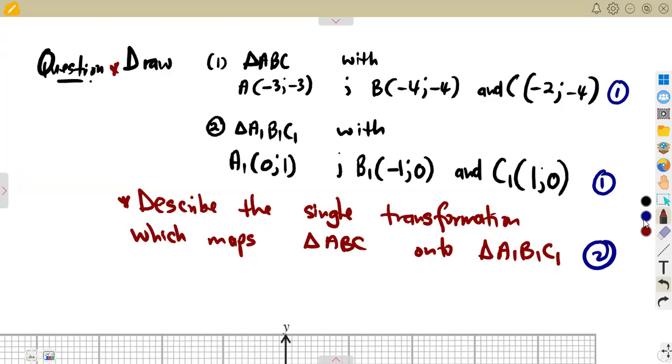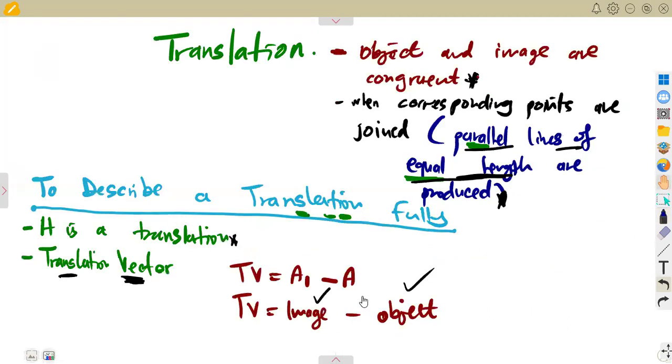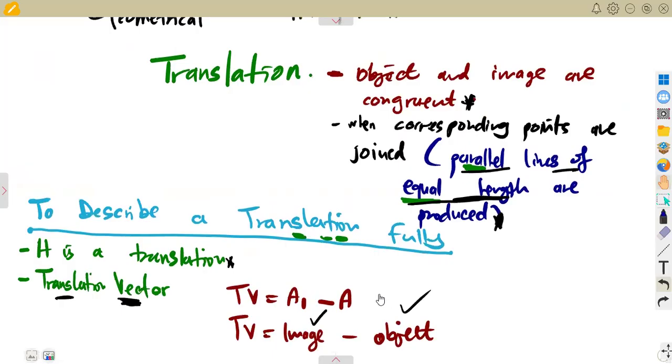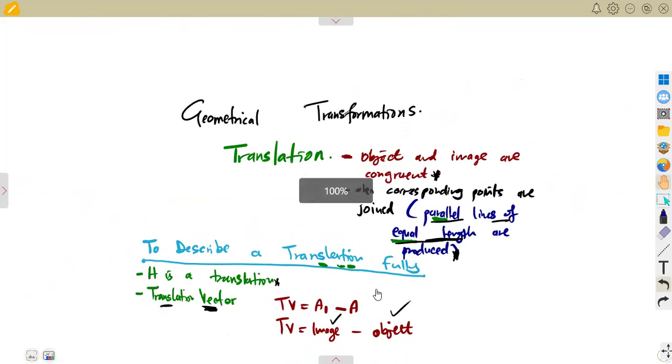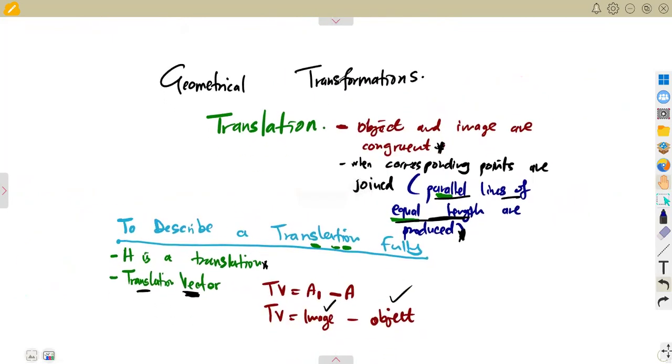Before we describe something as a translation, we need the condition of the object and the image being congruent. Then when you join the corresponding points, you are going to have parallel lines of equal length.